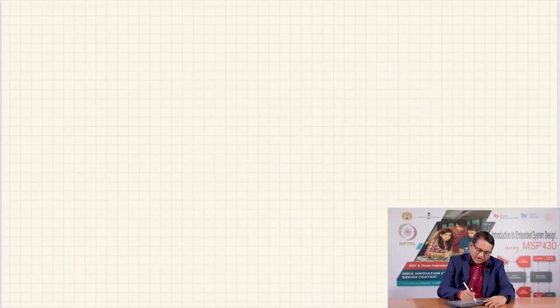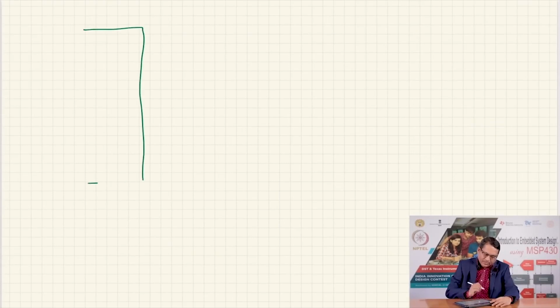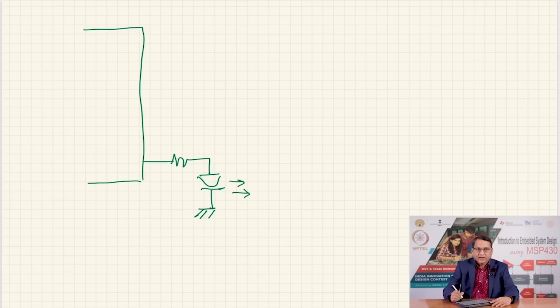Now, when I have a microcontroller, I can connect LEDs, which we saw earlier. I can connect LEDs in two ways. I can connect LEDs in this fashion. In this case, this is a pin, let us say P1.